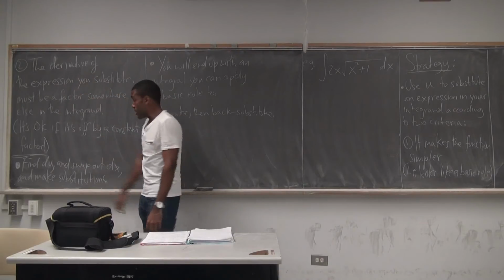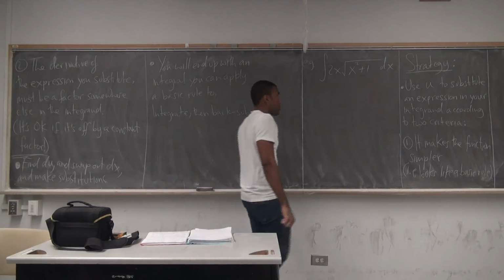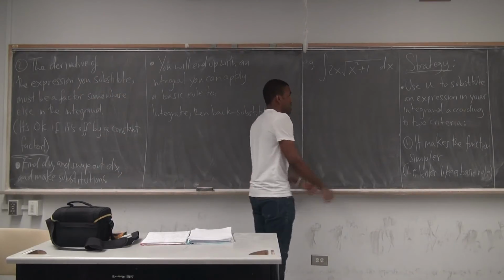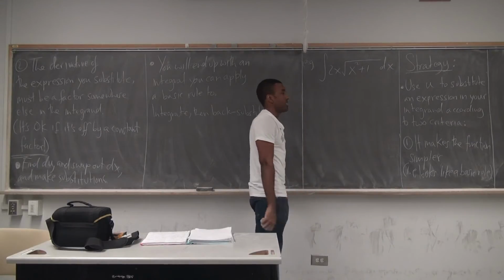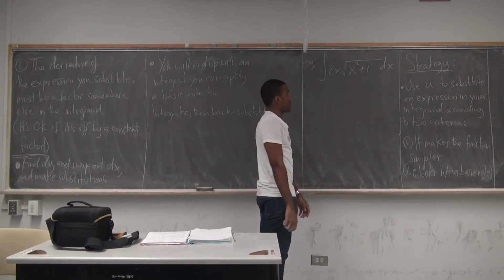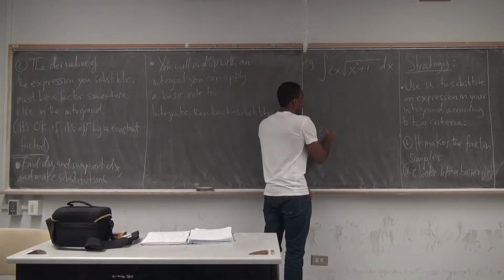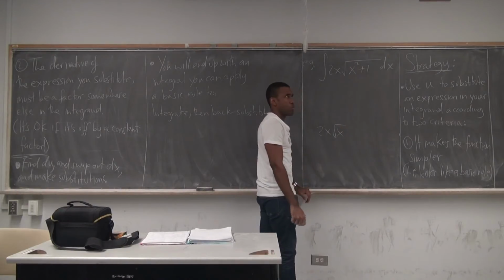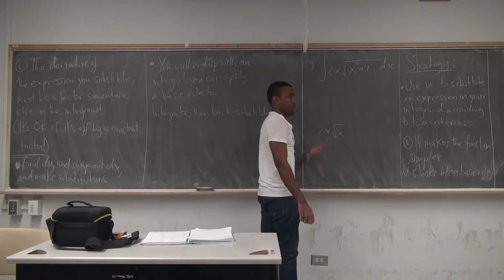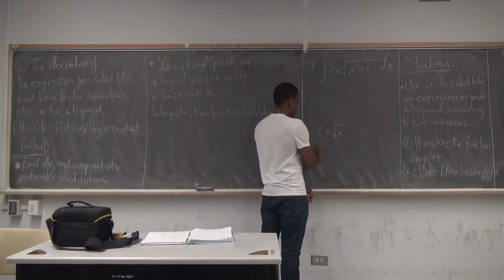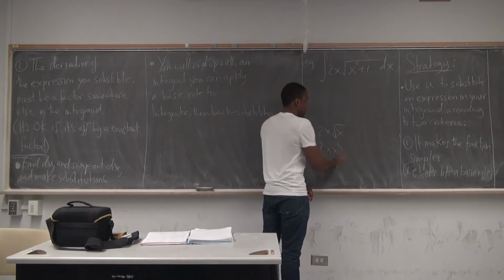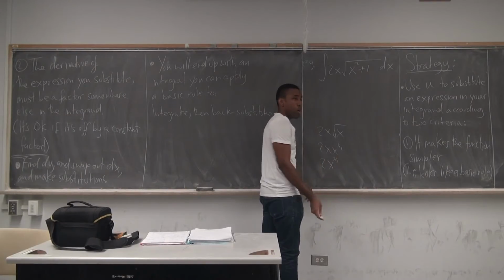So the first thing I'm going to look at is, what makes this complicated? The radical. And not just the radical. If it were just this, it actually wouldn't be so bad. I could write that as x to the 1/2, and then rewrite this as x to the 3/2, and then do the power rule.